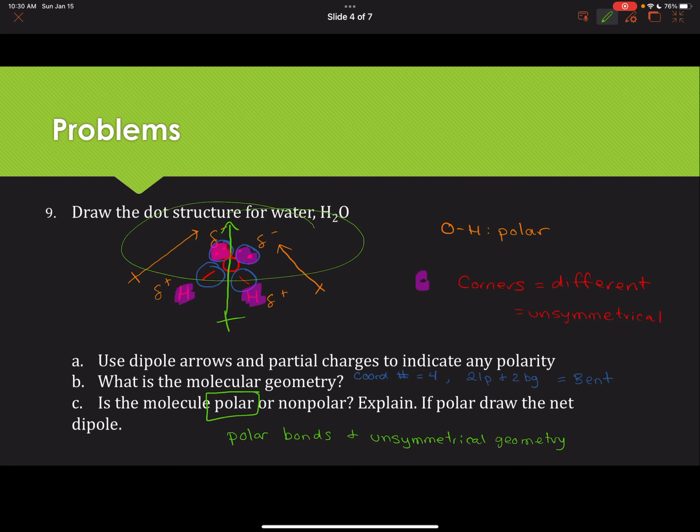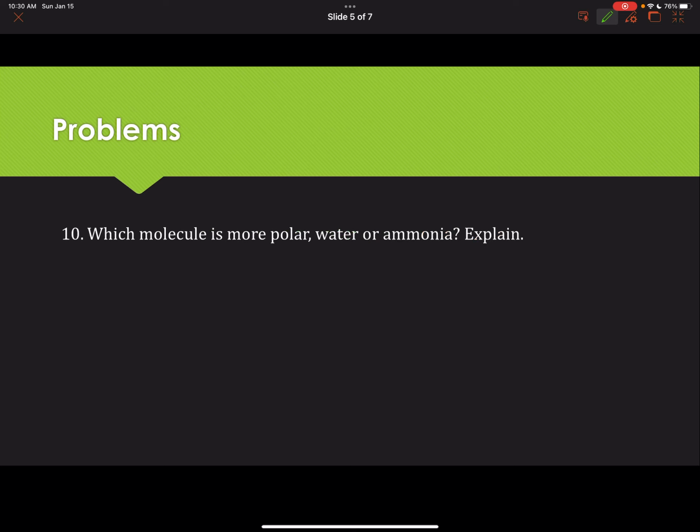So now we've just taken a look at ammonia, NH3, and water. And we're asked in problem 10, which molecule is more polar? So I've got my NH3, which we said was polar. And then I've got my water, which we said was polar.